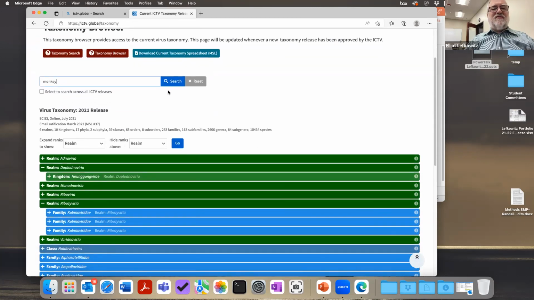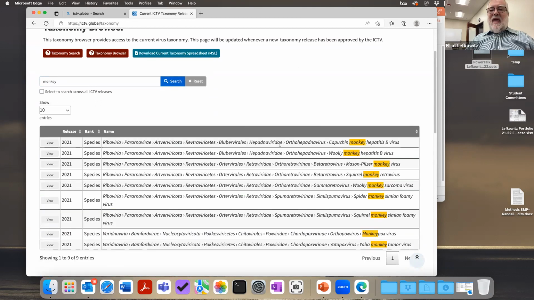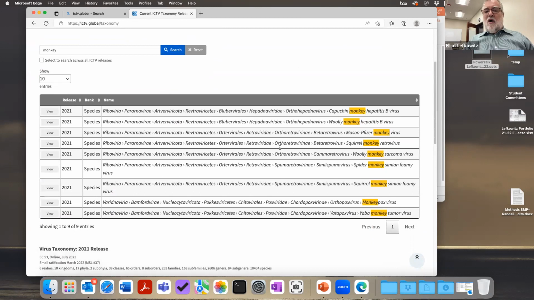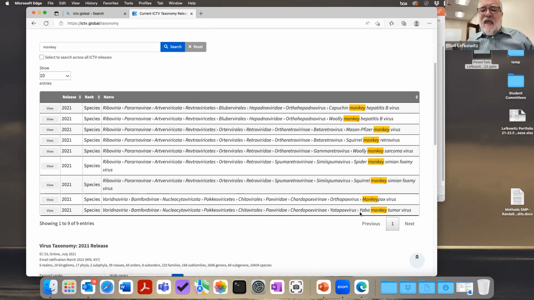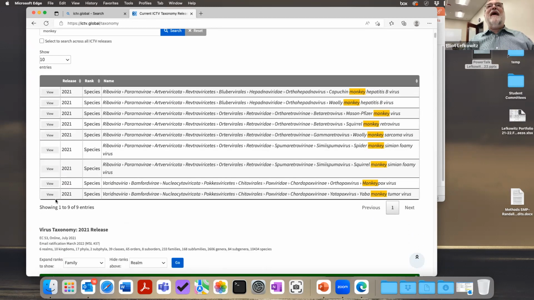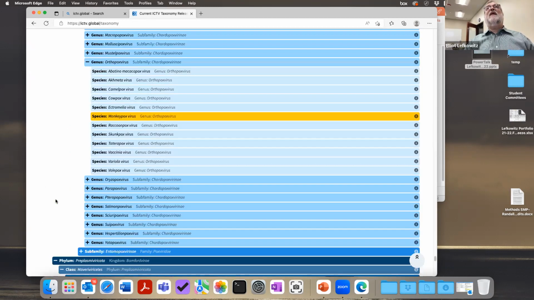And so luckily we have a search form. I can type in monkey and immediately I'll get a list of all the taxonomic ranks that have monkey as part of the name. We can see here that monkeypox virus is down here. I can click on view and it now will automatically take me to monkeypox.